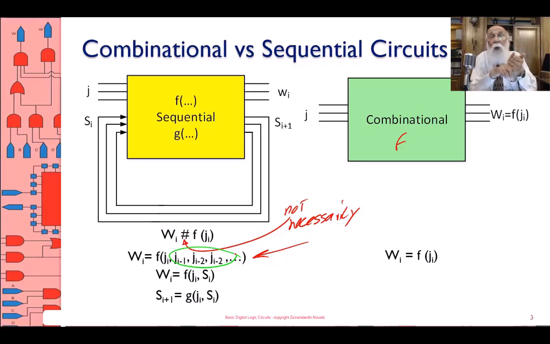Instead of saying the old inputs, let's formulate this and say that the output of my circuit is a function of the present input and the present state of the circuit. State being the accumulation of all important events that have happened to the circuit.